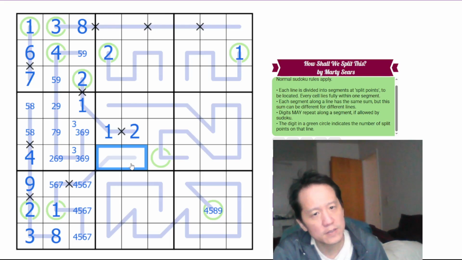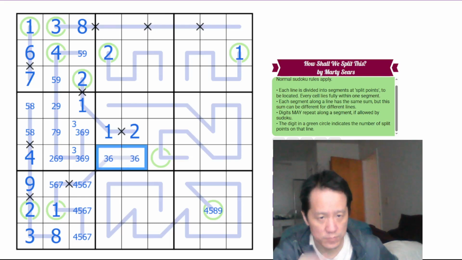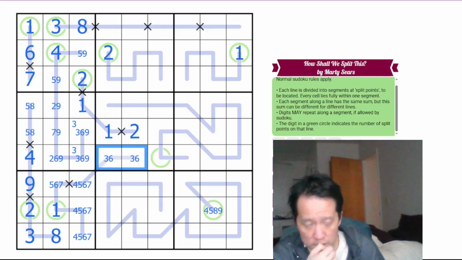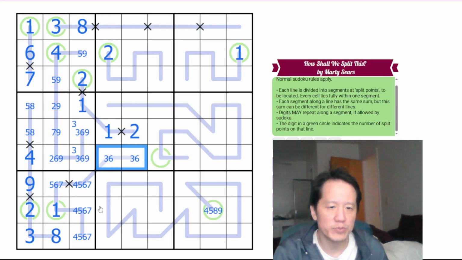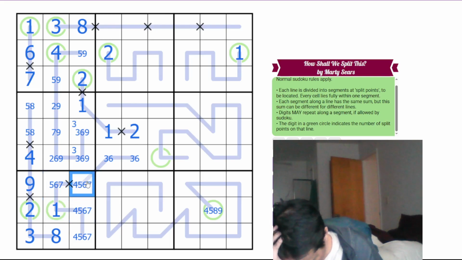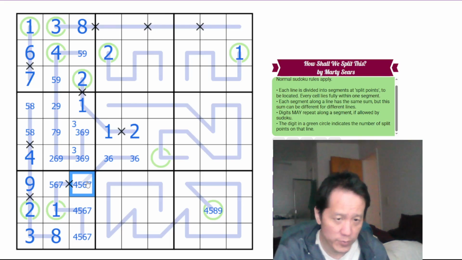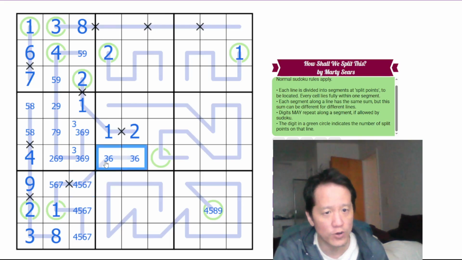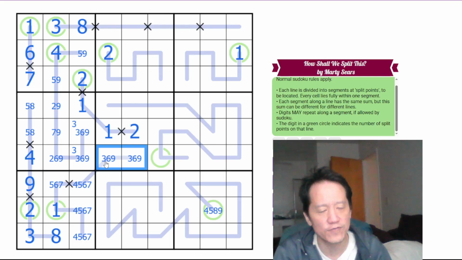17. 17 would be 1, 4, 5, 7. This would be 5. And this would have to be either 3, 9, 4. It cannot be 4, 8. 3, 9, or 5.